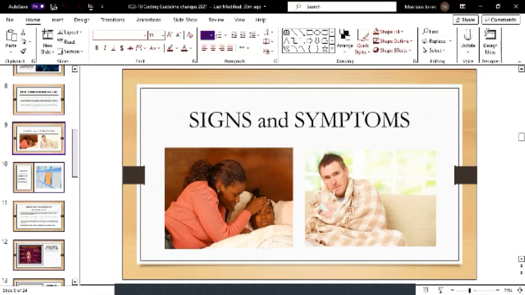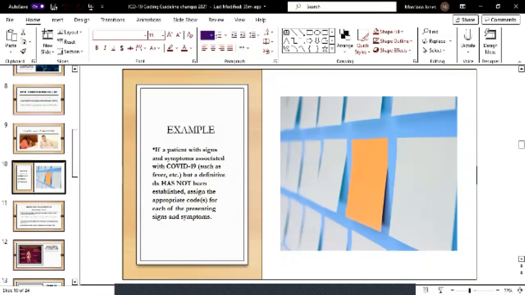So signs and symptoms. People say they get fevers, then you get the chills. So there's a lot of different symptoms. I made sure I put some sticky notes on this slide because I want you to write some of this down, or get the presentation from Gumroad. This is going to be very important as we're getting slammed with COVID cases.